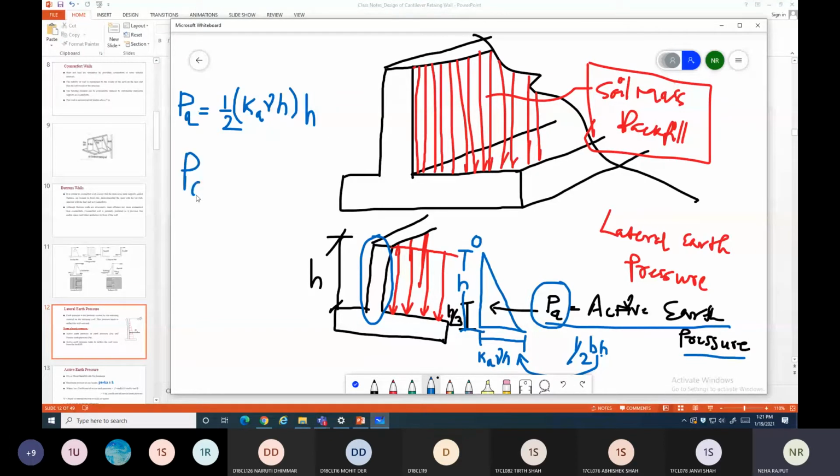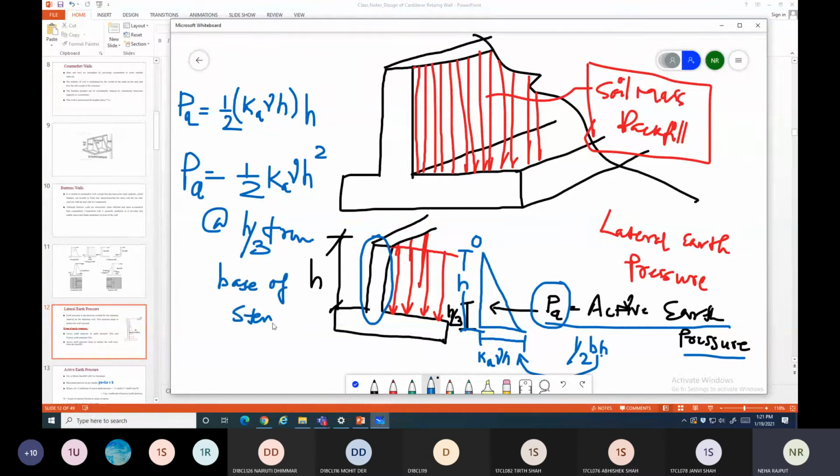So my active pressure of the soil is Pa = 1/2 Ka gamma H squared, and this pressure acts at a distance of h by 3 from the base of the stem, at the base of the stem, because the soil mass is above this base slab.